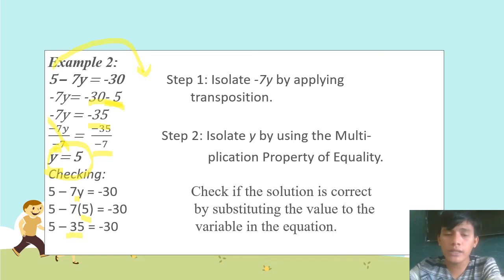So 5 minus 35 is equal to negative 30. Then our right side is negative 30 also. Therefore, it is true. Then the value of y equal to 5 is the solution of 5 minus 7y is equal to negative 30.